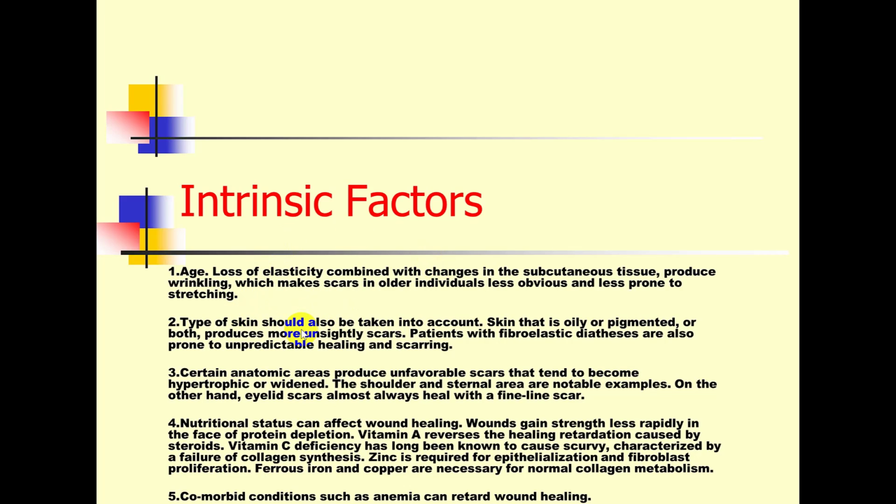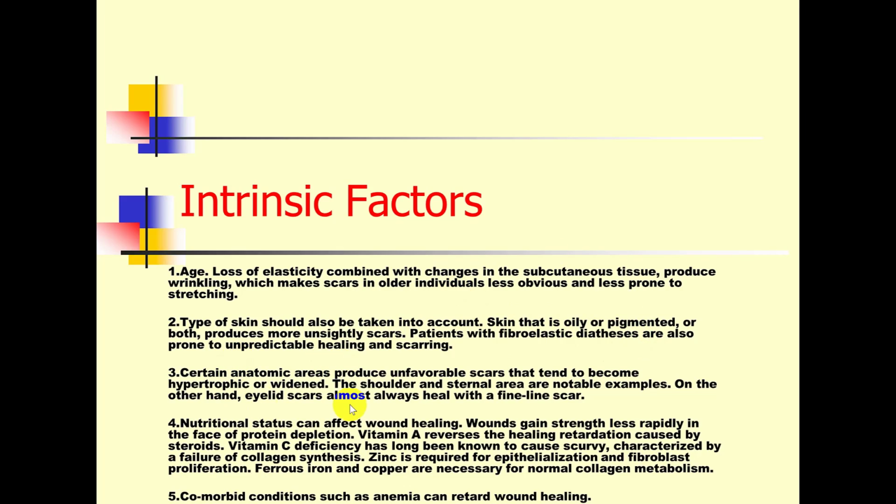The type of skin also matters: oily skin and pigmented skin give unsightly scars, because of the consistency and type of this skin. Also the patient's element of fibroblast diathesis is a problem related to the patient.